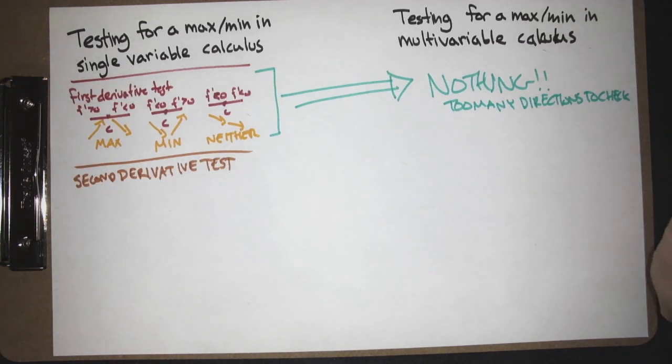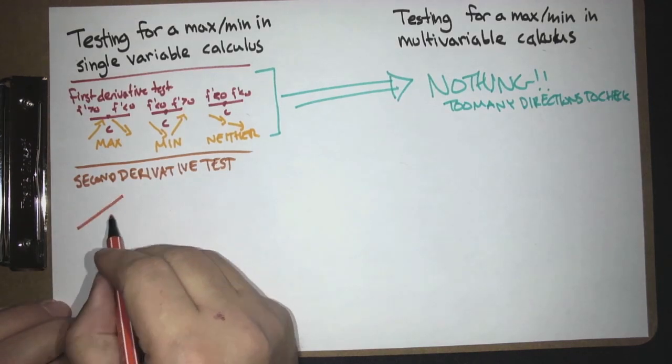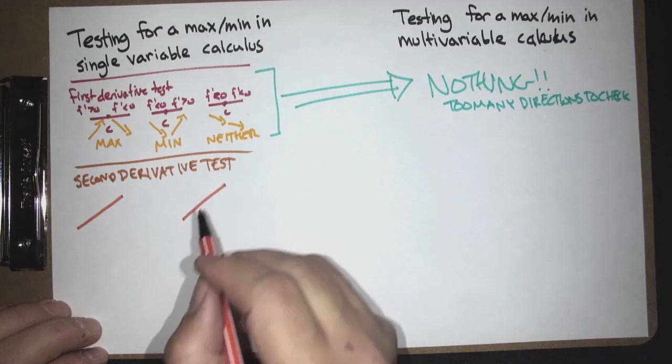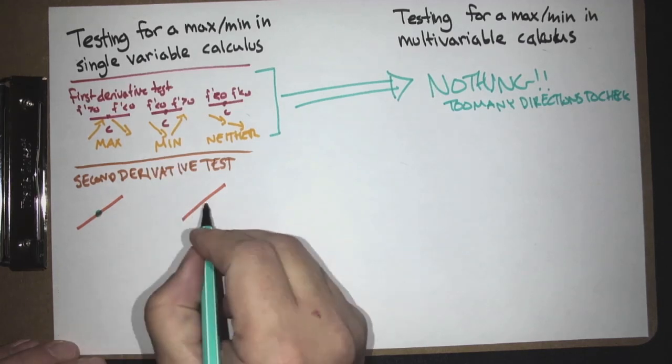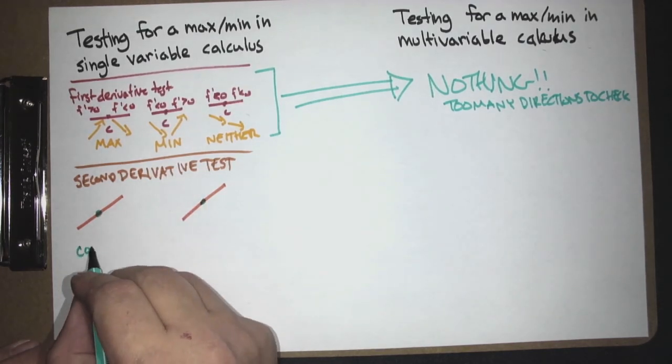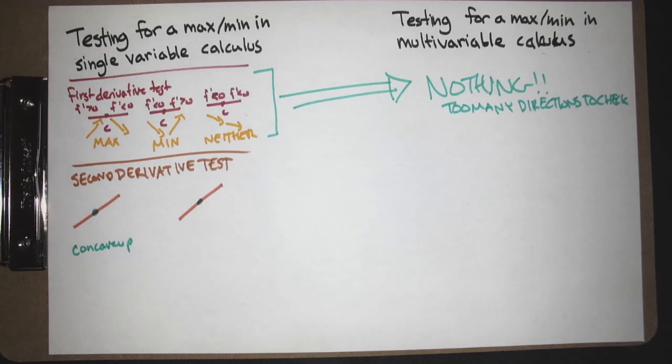So here's how I think of it. Just in general about the second derivative. And then I'm going to talk about it in particular for the second derivative test. So if I have a line, say this is a tangent line, and I have a function. If I'm concave up, this is my point of tangency. Concave up is asking the question, how does the function come off the tangent line? Because the tangent line is an approximation.